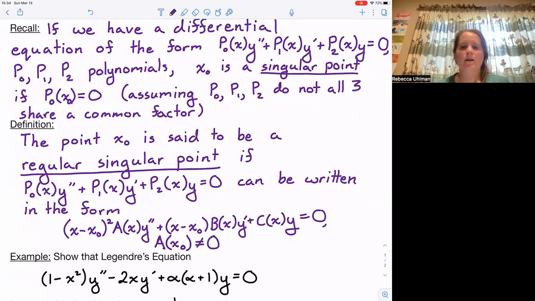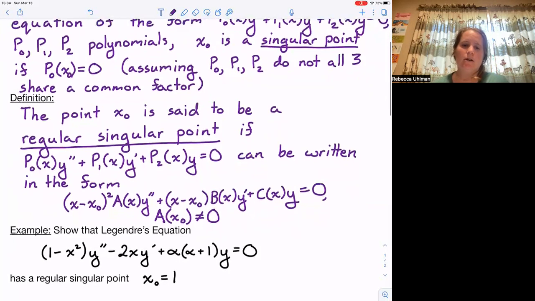So basically, your polynomial coefficient in front of y double prime only has two factors of x minus x0. So this is a regular singular point.